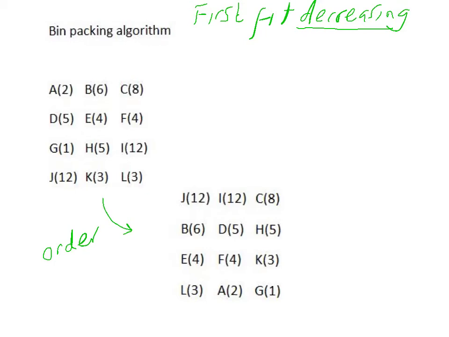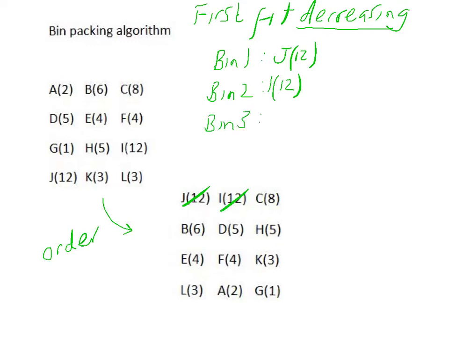So, starting off at bin 1, we're going to put J into there because it's our first item. Now, I can't fit into there, so we'll move down to bin 2. And I goes into bin 2. We're going to have to start a new bin, so bin 3 for C. Okay.